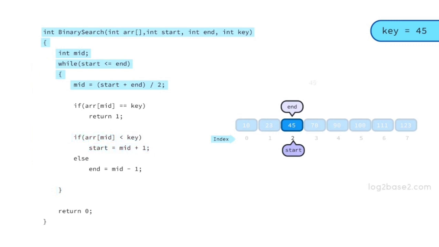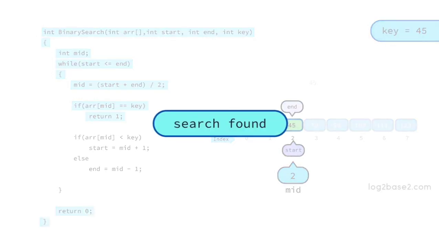So the condition is okay, so find the new middle element. It is 2 plus 2 divided by 2, which is 2. Now check if middle element equal to key, and it is. So return 1 as the key is found. This is how it works, and always remember binary search will work only for sorted arrays.